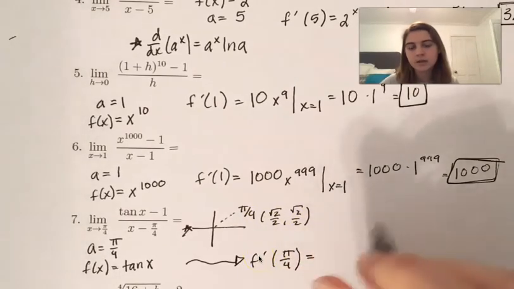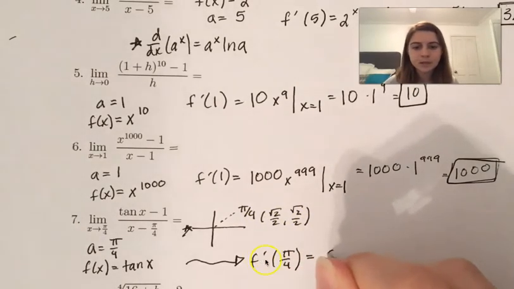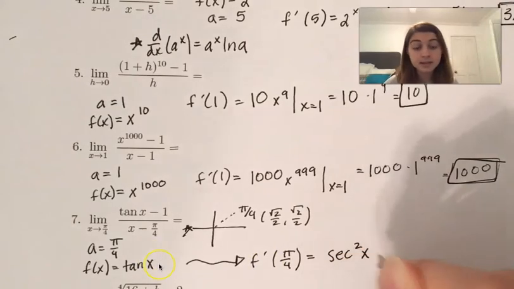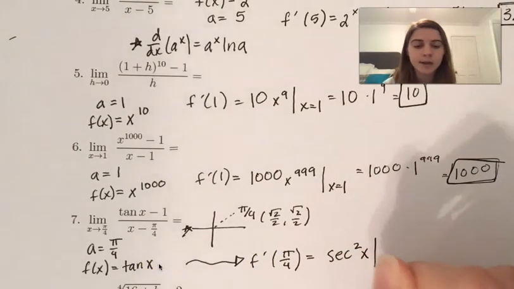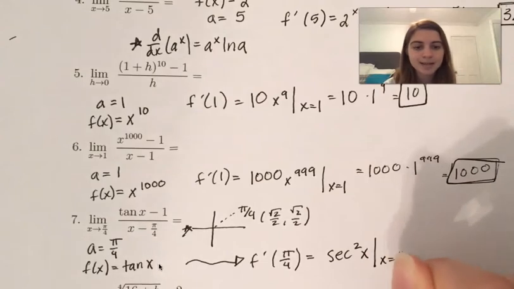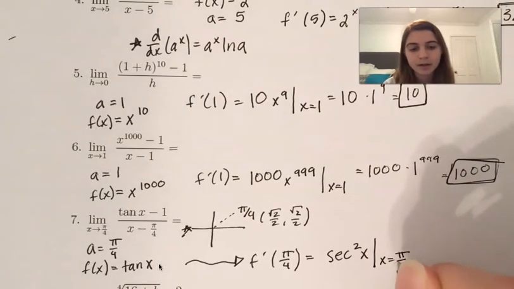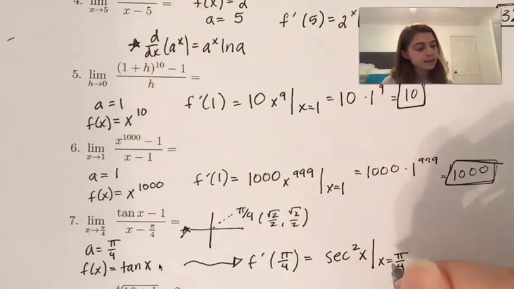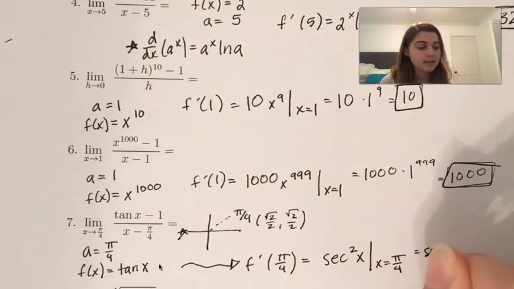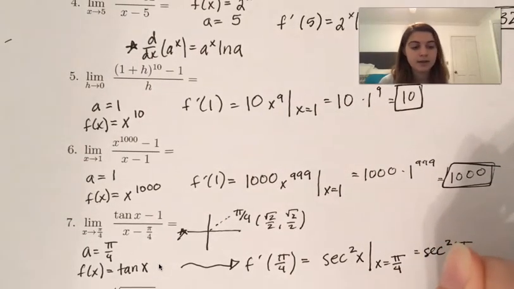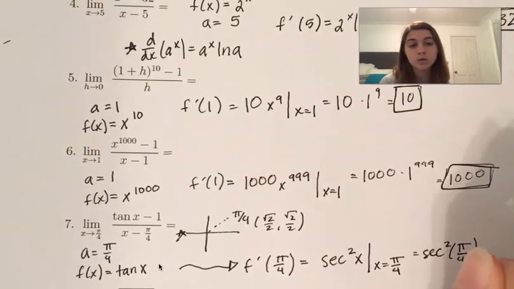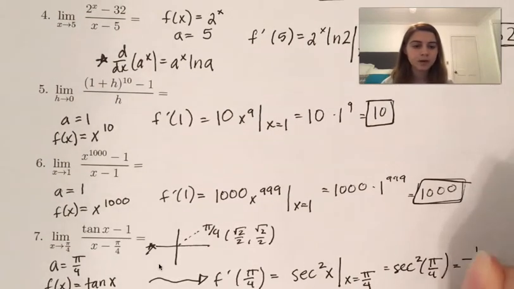So now we're going to take the derivative. The derivative of tan x is secant squared x. Those you just got to memorize. Love it. Go ahead and plug in that pi over 4. It's easier to then convert that into 1 over cosine squared pi over 4.